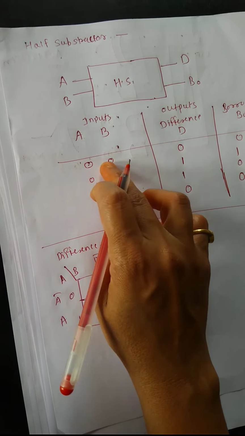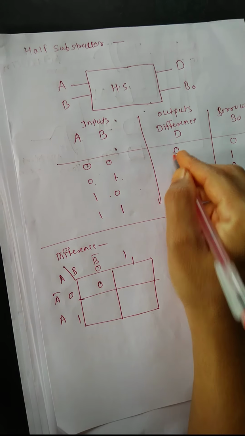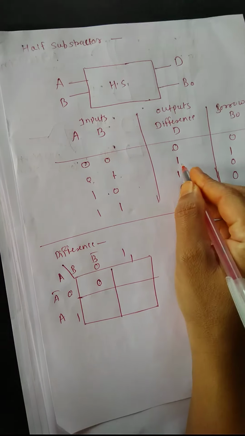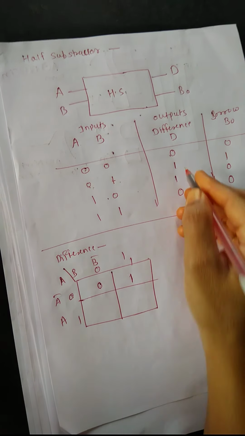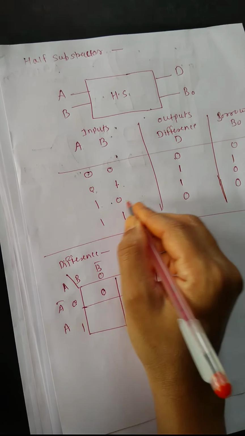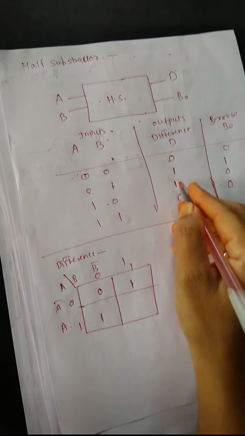For the difference, 0 minus 0, difference is 0, so here we put 0. 0 minus 1, A0, B1, difference 1, so we put 1 here. A1, B0, difference 1, so here 1.